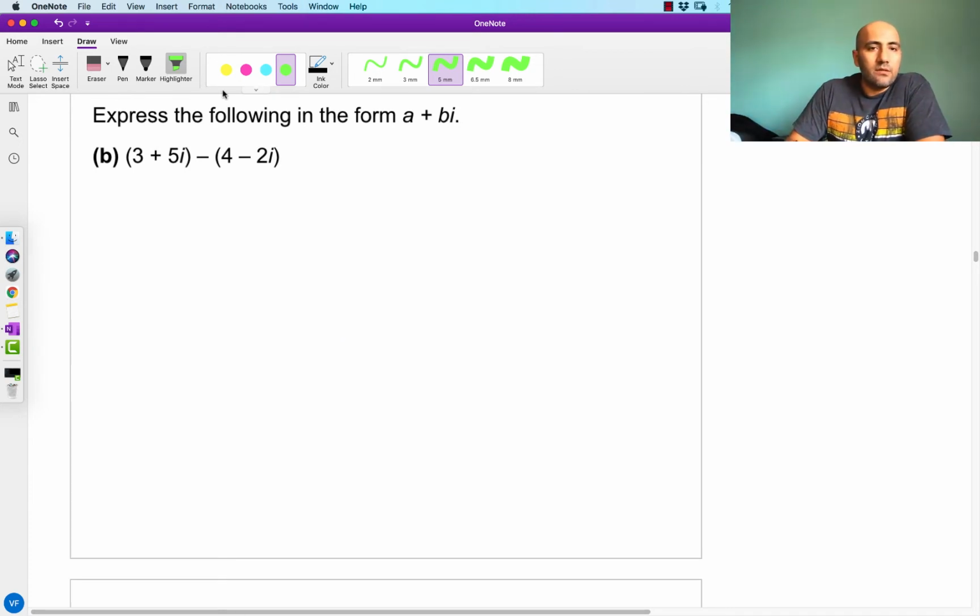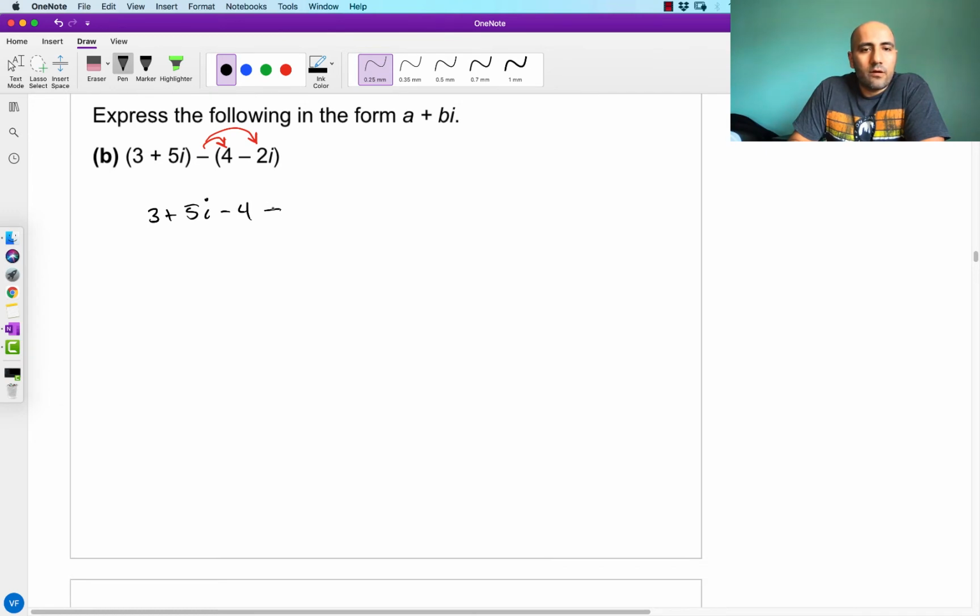How about subtracting complex numbers? Super easy as well. We're not going to do as much detail this time. I think it's pretty obvious. We just have to distribute this negative. So make sure you distribute that -1 into each one of these terms. And we'll end up with 3 plus 5i minus 4 plus 2i. Combining the like terms, we end up with 3 minus 4 plus 5i plus 2i, which will then give me -1 plus 7i.